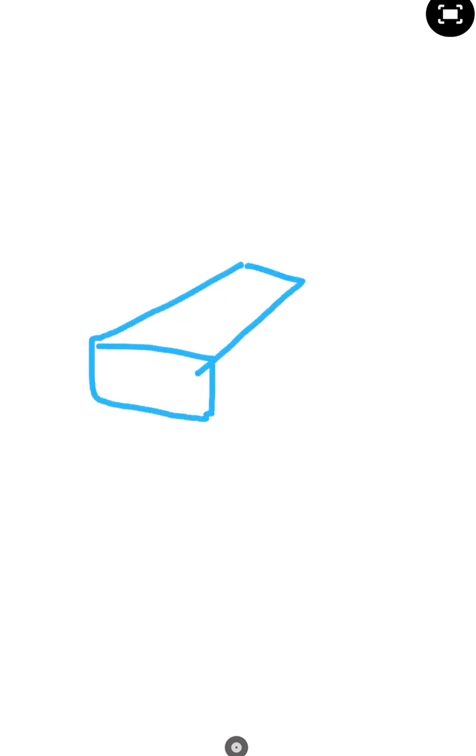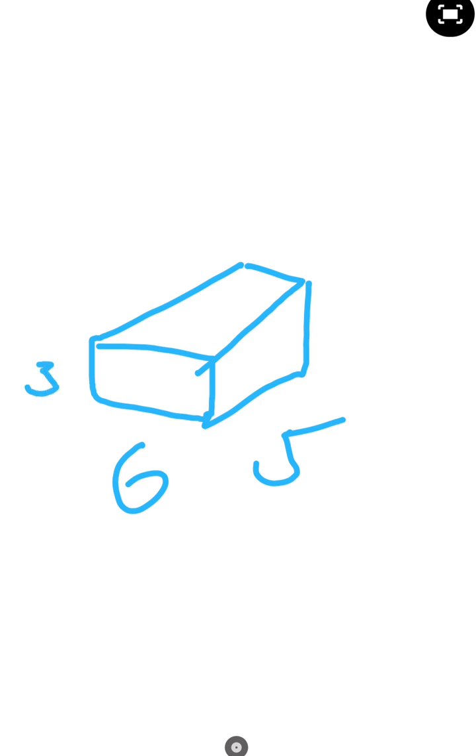Another cuboid question with, let's do sides of 6, 5, and 3. Actually, let's do bigger numbers. 16, 15, and 9.